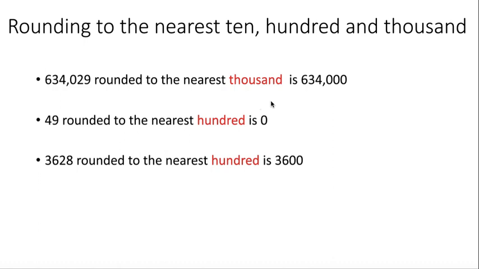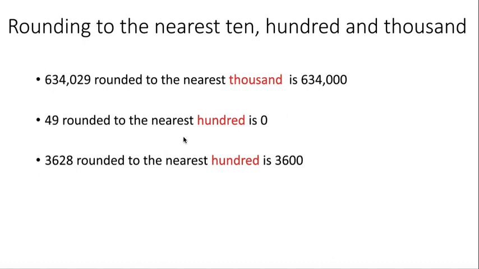For the first one, it's rounded to the nearest thousand. I can tell because I've got 3 zeros there, meaning that it's not rounded to the nearest hundreds, tens or ones, it's rounded to the nearest 1000.